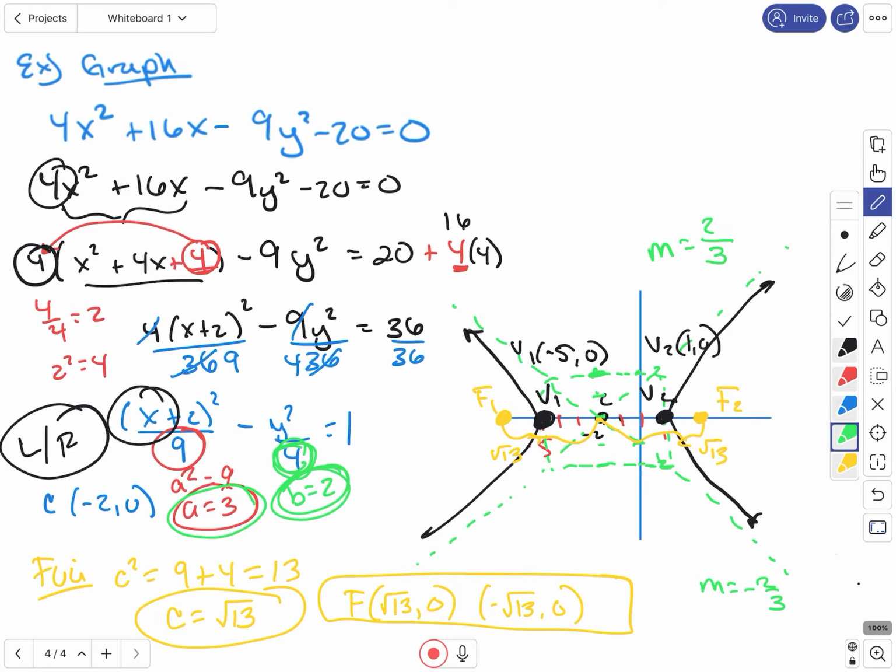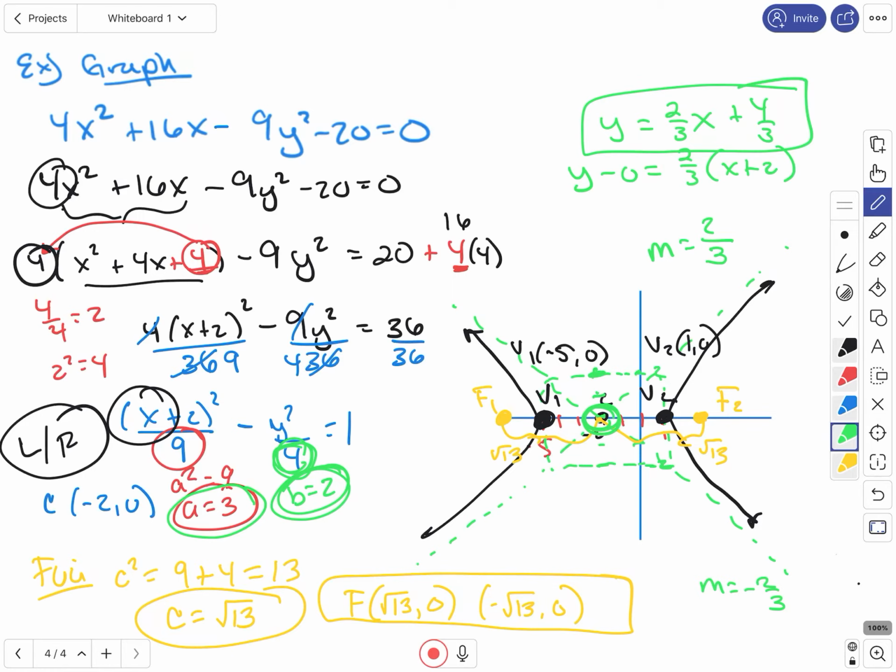The top one, let's see, it goes through the ordered pair -2, 0. That's our center, it goes through this point. So you could do y minus 0 equals 2/3 times x plus 2. Or in other words, y equals 2/3 x plus 4/3.